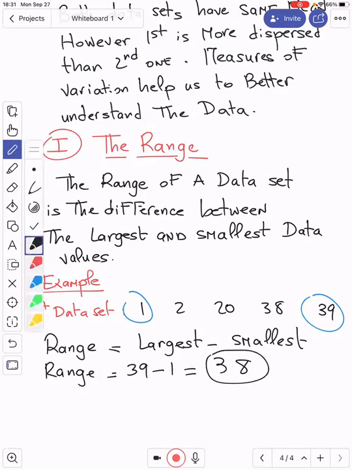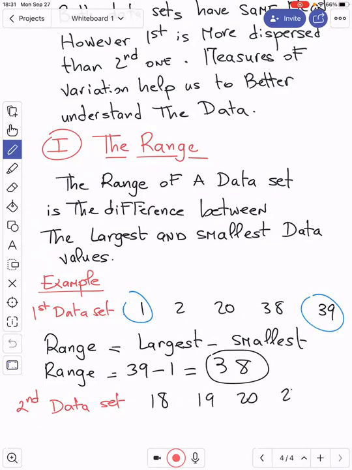Now, the second data set had the values 18, 19, 20, 21, 22.